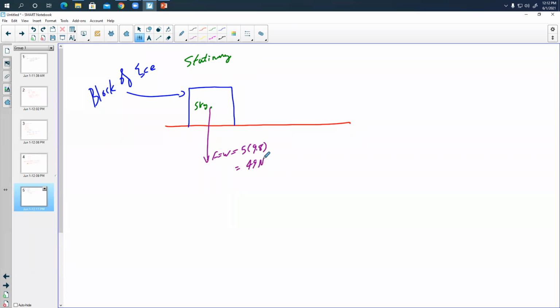Now, opposite of it, the reason it's not moving down is because there's an opposite force going on the other side. We're going to be calling that your normal force. Your normal force is going to be opposite of this weight, so this is again 49 newtons. So this is going to be negative 49, this is going to be 49, they're going to cancel each other.